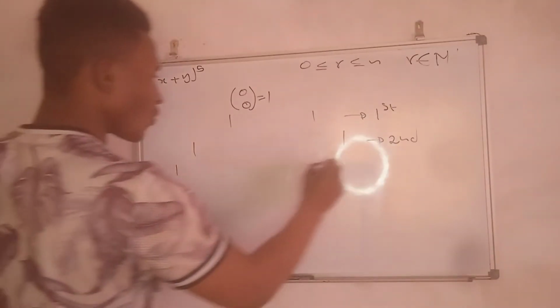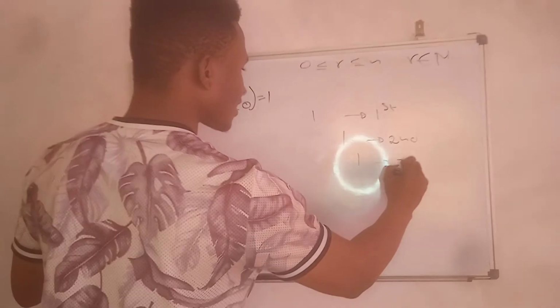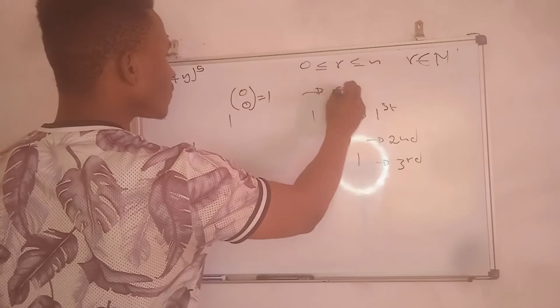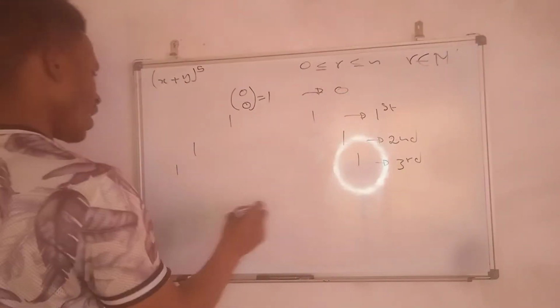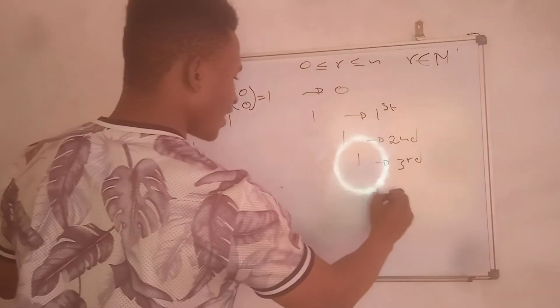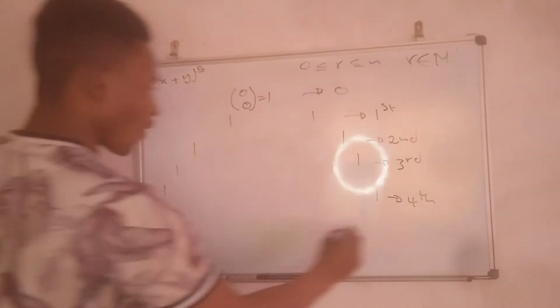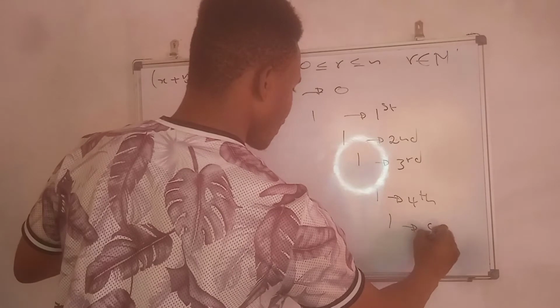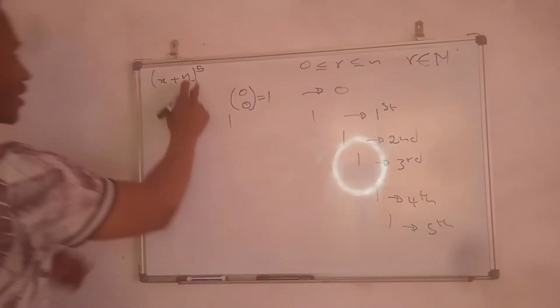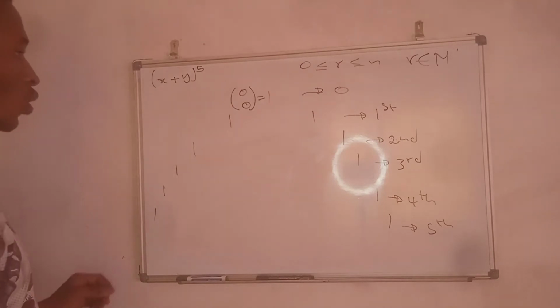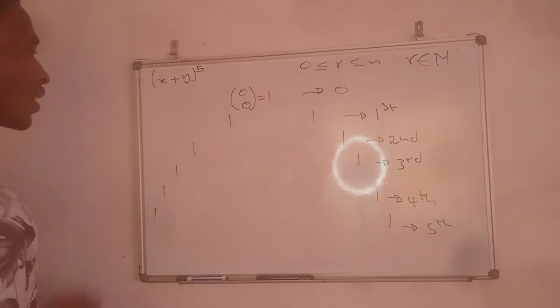You add 1 and 1 here, and you say this is the third, and then you add 1 and 1 here, and you see this is the fourth, and then you add 1 and 1 here, and you see this is the fifth, because this is what we want. So this is how we can draw this. You can just do this before doing anything.